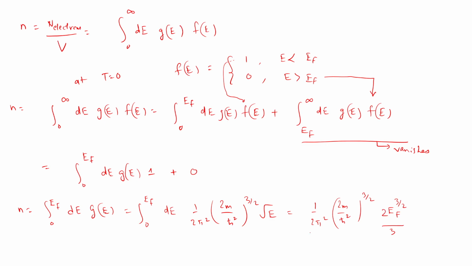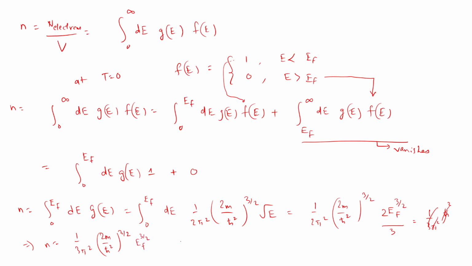So the 2 will cancel, and we are left with n equal to 1 over 3 pi squared, 2m over h bar squared to the power 3 by 2, and EF to the power 3 by 2.